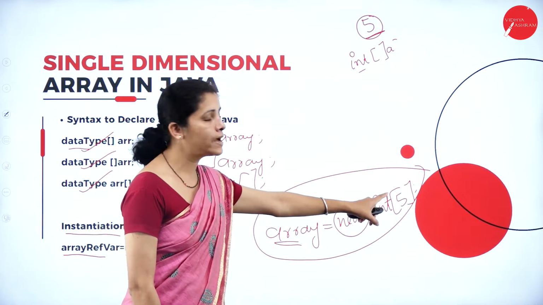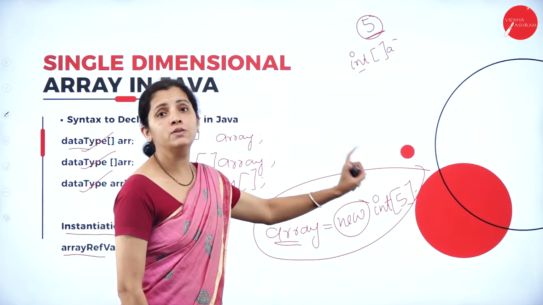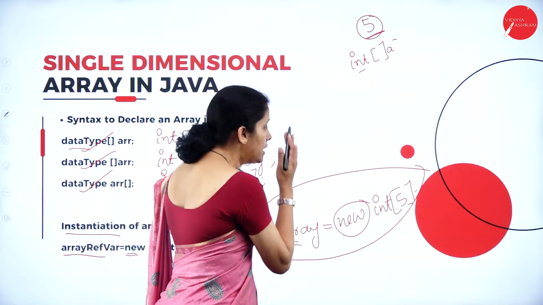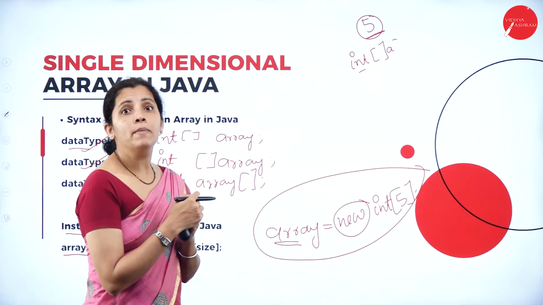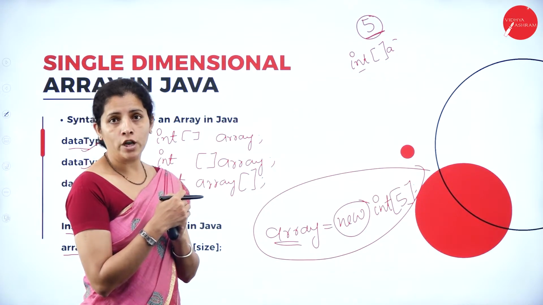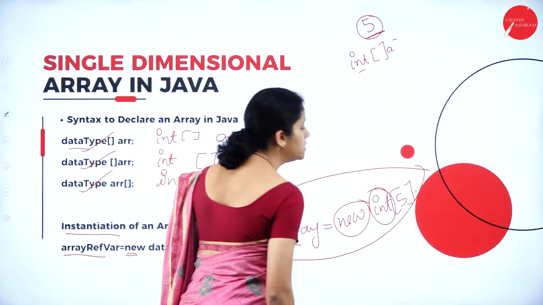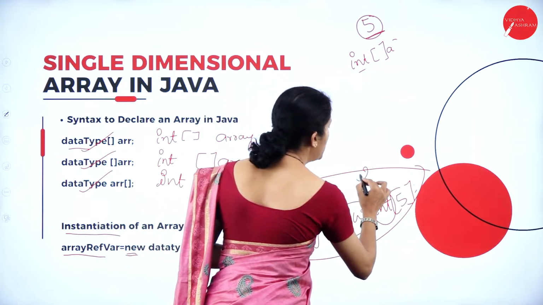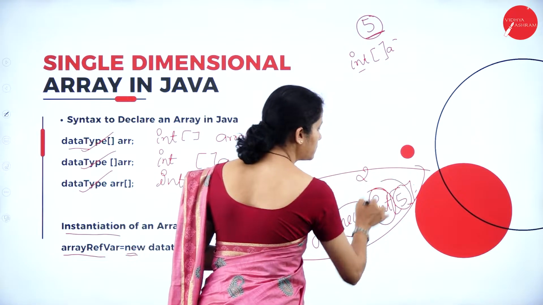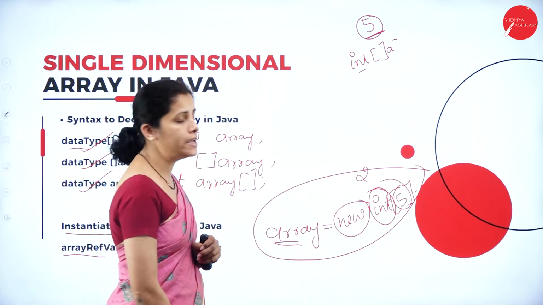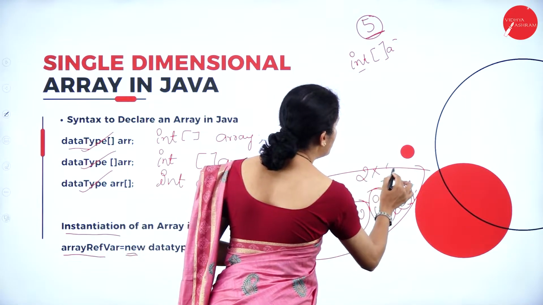And what is the size of the array? Here it is 5. So now tell me how many memory blocks are allocated. What is the size of the integer? That is 2 bytes. And what is the size of the array here? That is 5.